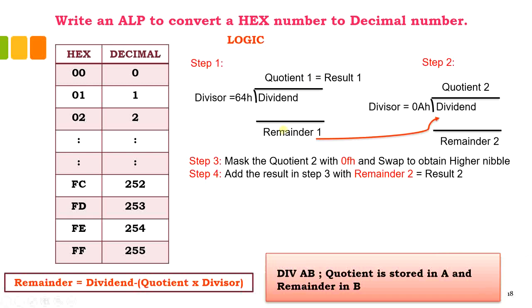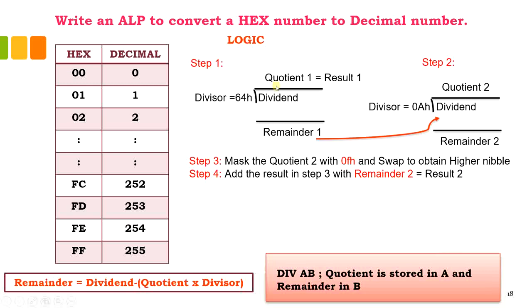Whatever remainder we get will then be divided by 10, and you will perform the masking of the quotient to swap in order to obtain the higher nibble, and finally add the result to remainder 2 to obtain the complete result.